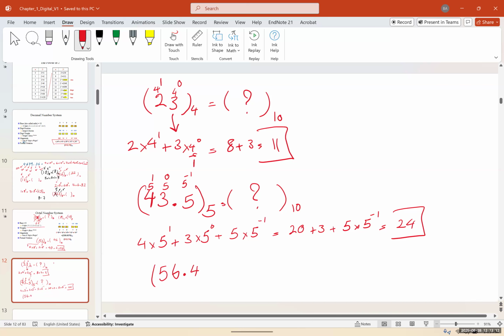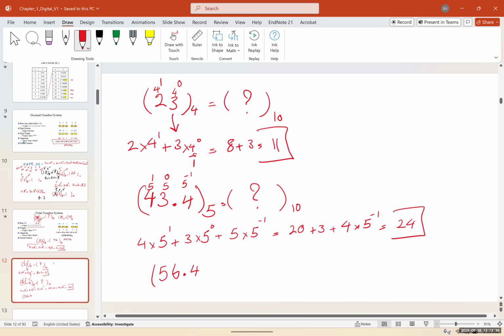What is wrong with the previous one that I had? I made a mistake in the previous one. It shouldn't be a 5. I wanted to see if you could catch it. The maximum digit in base 5 is 4. That's the reason I didn't have a fraction part, and that's wrong. When you see that you're going from a fraction to one that doesn't have a fraction, then you know something is wrong. You must have a fraction here. Okay?